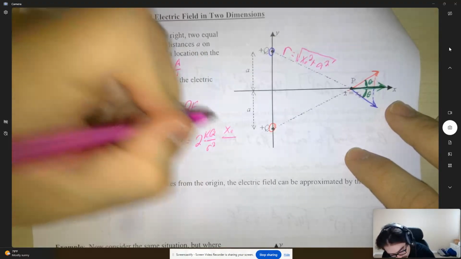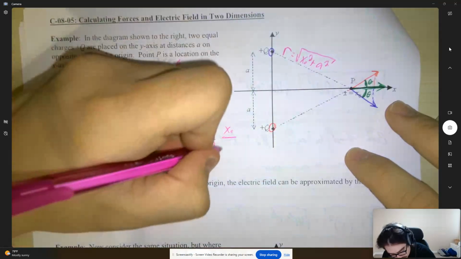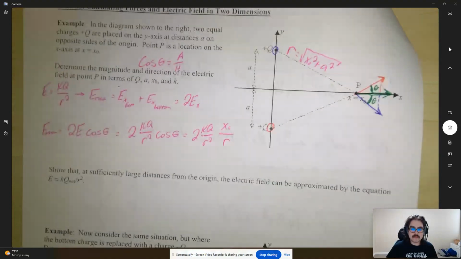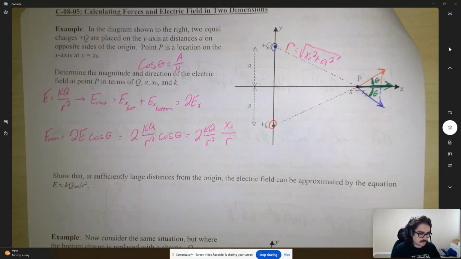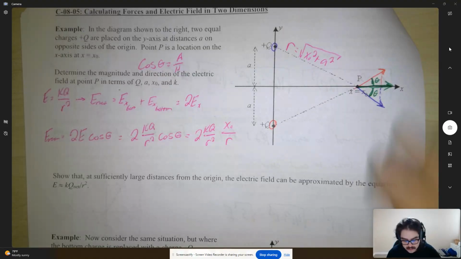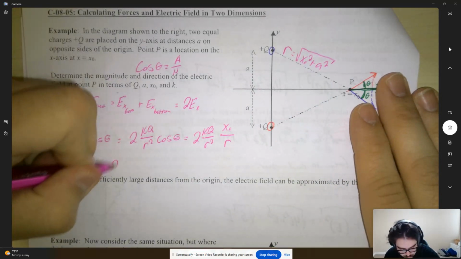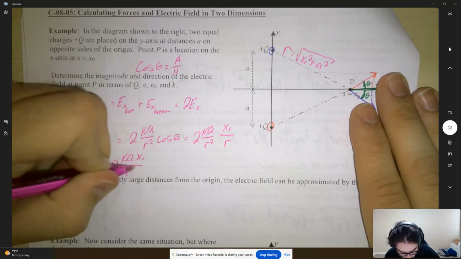So x naught over r. I've already called it r. I don't want to write the whole thing, so I'm just gonna call it r, and that's gonna be the same as this r right here. Okay. What I can do now is just multiply it together. And so I would end up getting that the net electric field is equal to 2kqx naught over r cubed.